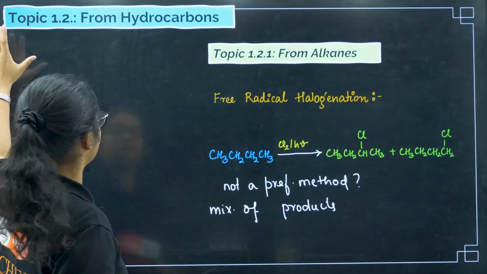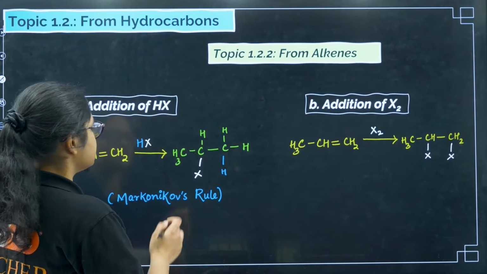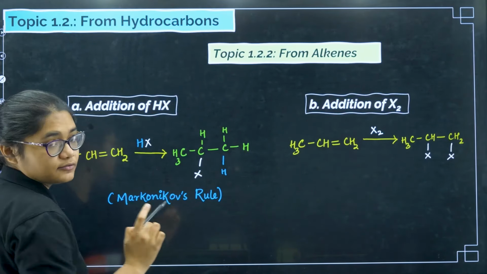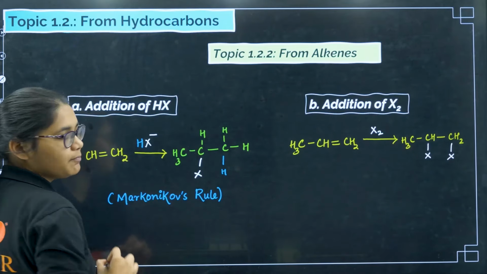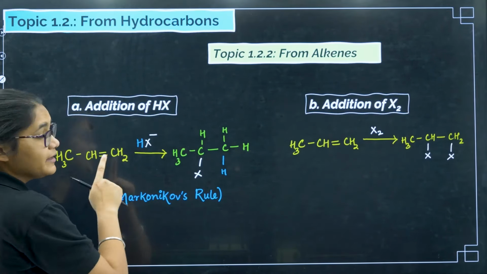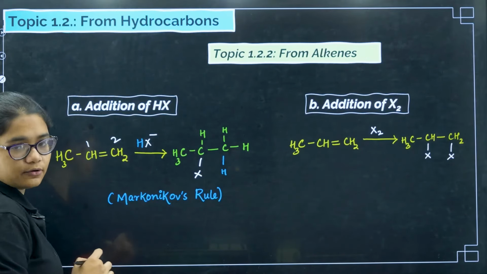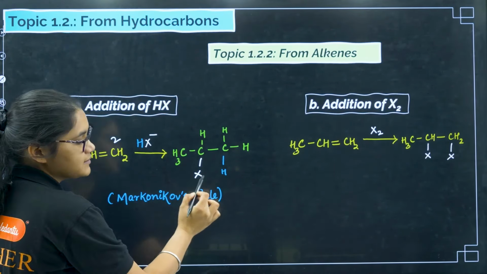Next, from alkenes is addition of HX. You have this one, if you add HX, Markovnikov's rule will be followed. According to Markovnikov's rule, the negative part will go to the carbon having fewer hydrogens. So here I have one hydrogen, here I have two hydrogens. The X will go to the carbon having fewer hydrogens, so that is this one.